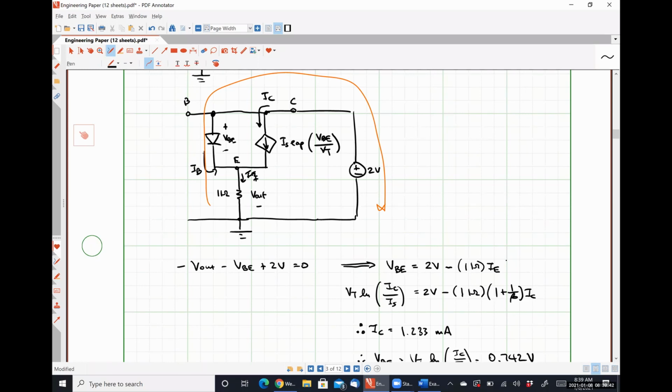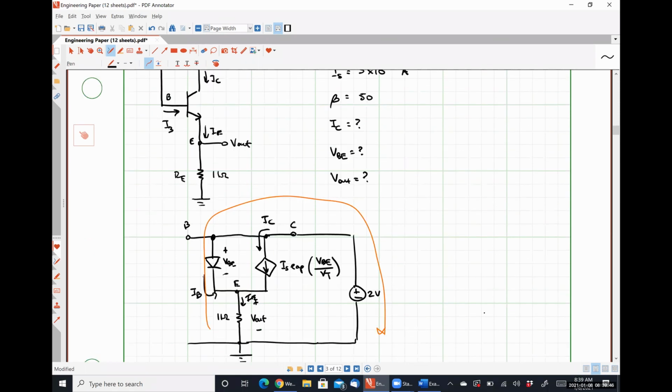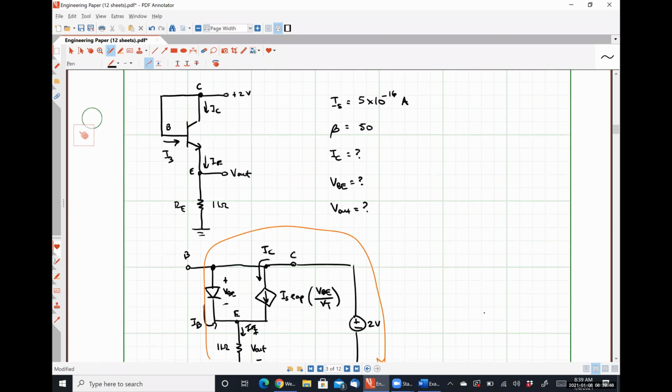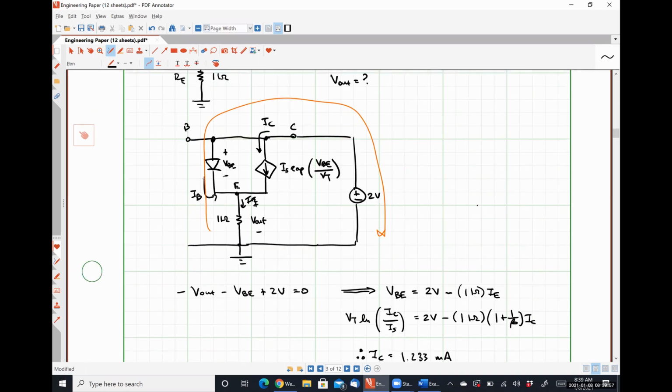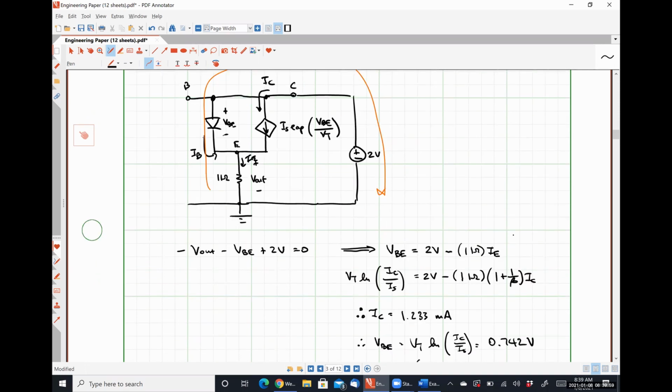This particular configuration, where you tie the base to the collector, is what's known as a diode connected transistor, which is why we wound up with effectively a diode circuit in order to analyze it.